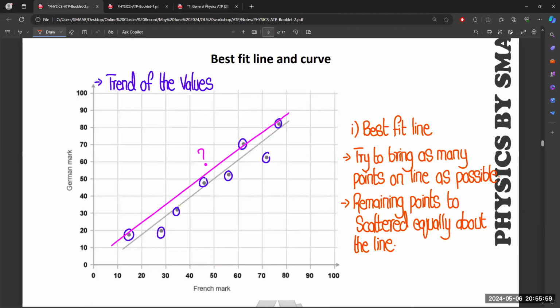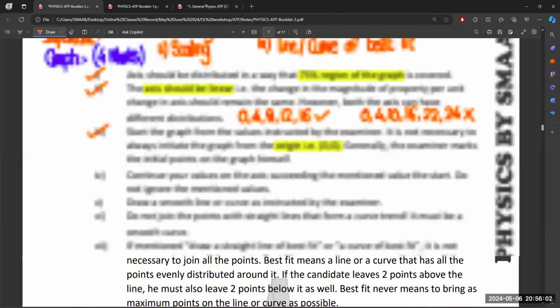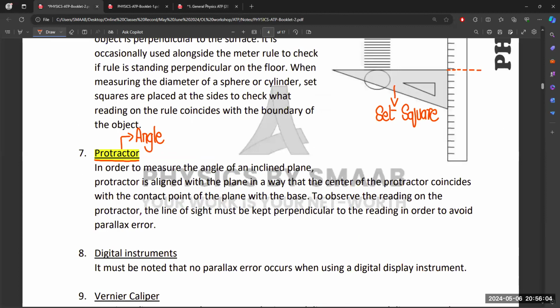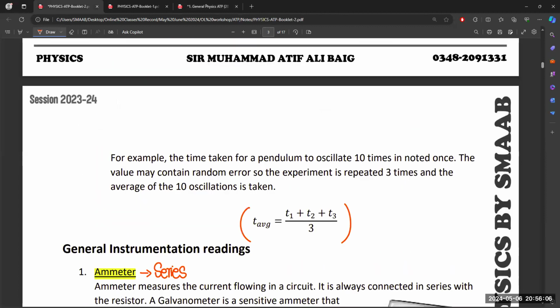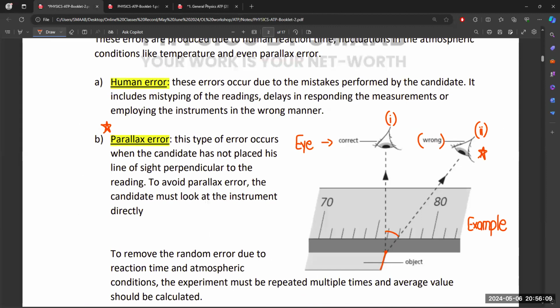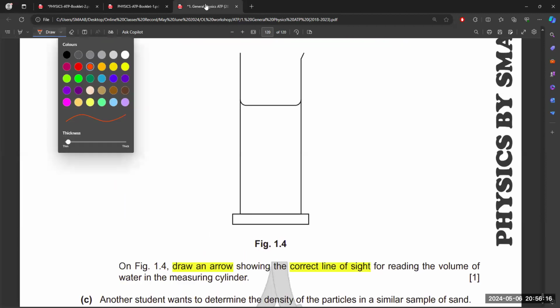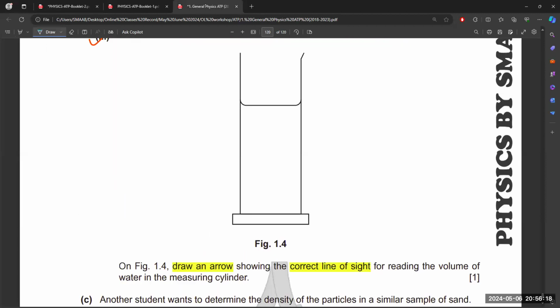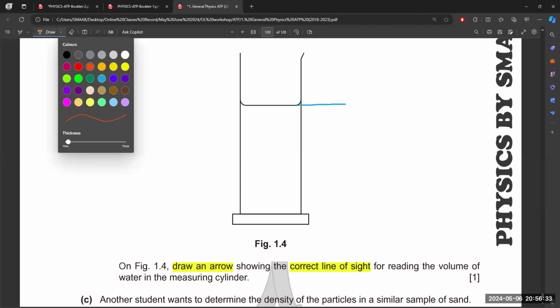We always read readings like this, always perpendicular to the surface. So this is the line, right? You can also draw on the other side. It's up to you. It is not compulsory that you have to draw on the right hand side or left hand side, because the instruction is not given.